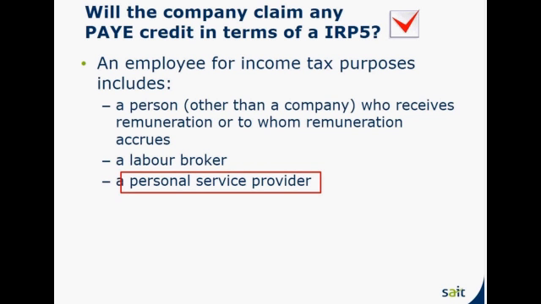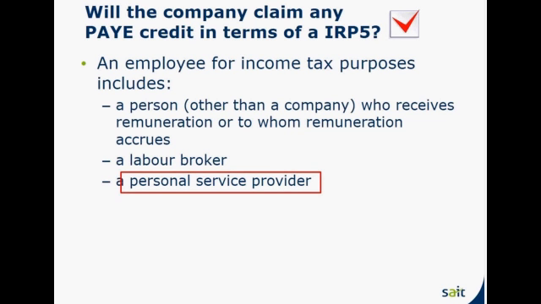So in the case of a company, the shareholder or a connected person of the shareholder. So let's take the example of a spouse of the shareholder of the company. If you don't have that, then you can't have a personal service provider. So the company must be rendering a service to the client, and that service must be rendered by a connected person in relation to the company.